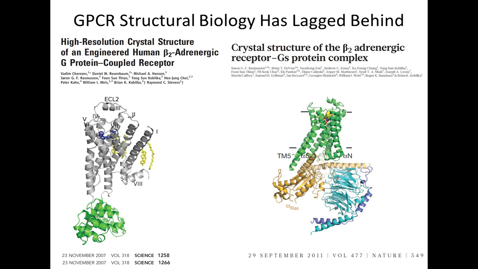But in 2007, Brian Kobilka's group at Stanford crystallized the first GPCR, the beta-2 adrenergic receptor, bound in an inactive state. He subsequently crystallized the same receptor bound to its cognate G protein, and ultimately this work, in combination with Robert Lefkowitz's work, led to the Nobel Prize.